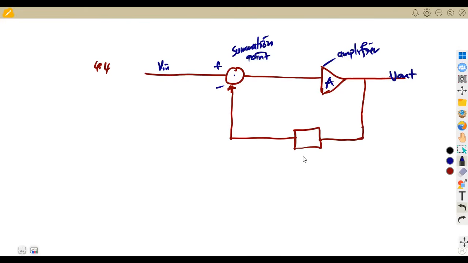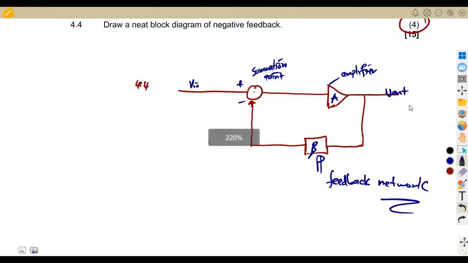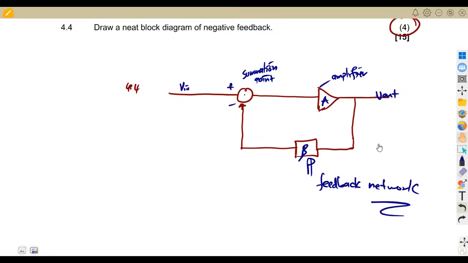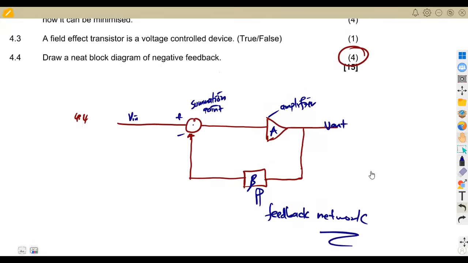This is our Vout. Then this beta indicates the feedback network or signal. This is the feedback network. That's our diagram, simple like that. It's being compared there and goes back to the summation point. That is negative feedback. It will be given back here to the negative input.